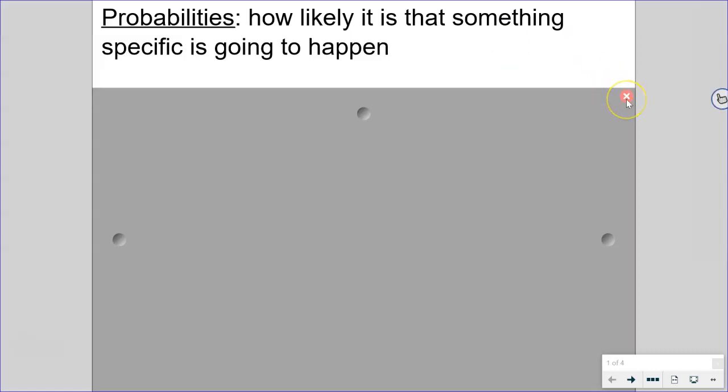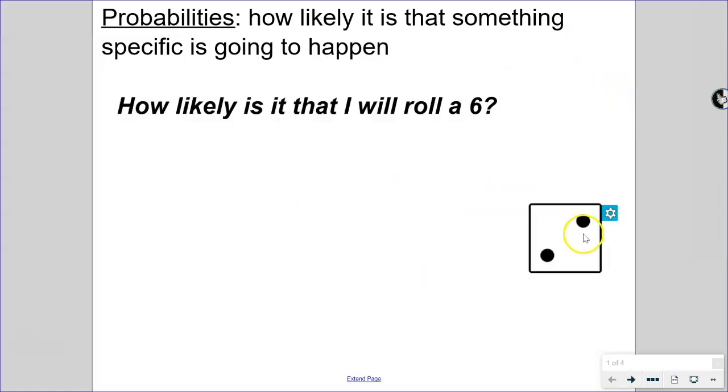So I'm going to go ahead and pose a question. I have right here a classic six-sided die, or a dice, okay? And the question is simply asking, hey, if I roll this dice just one time, how likely is it that I roll a six? And most of you guys are probably thinking, well, that's pretty obvious. Like I have a 1 out of 6 chance.